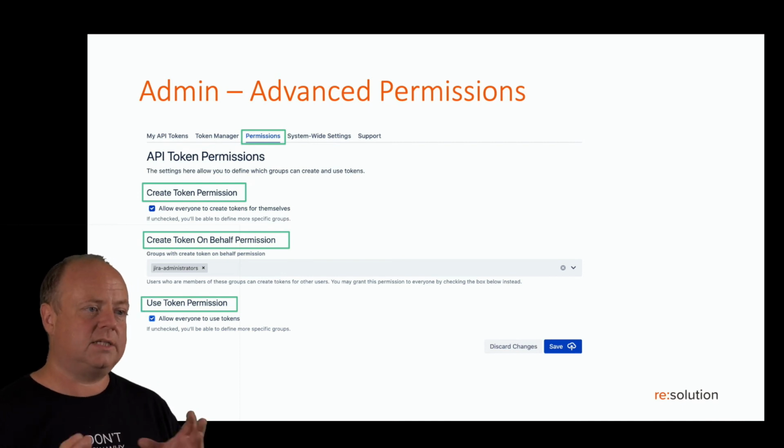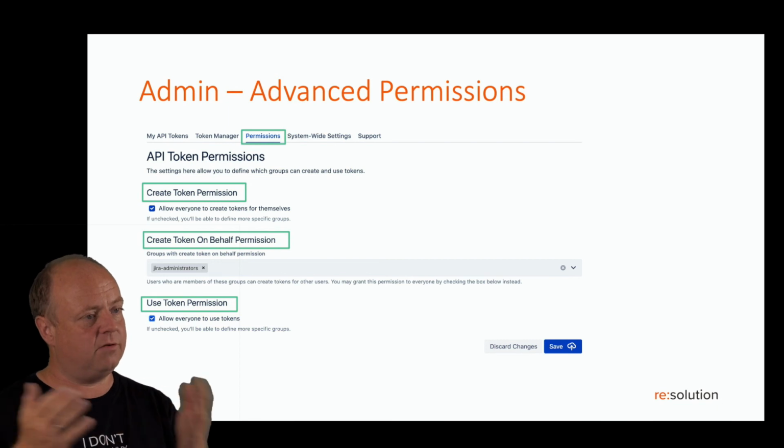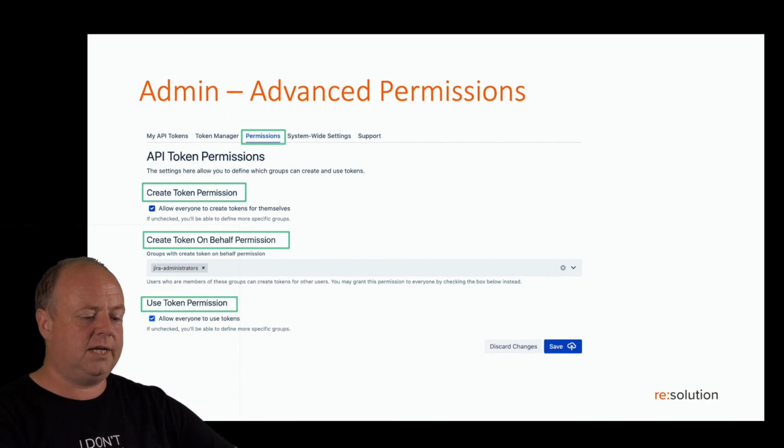That's really cool because it gives you a lot of control over who can use tokens in the first place, who can create them, etc. One of the nicest use cases I've seen was one customer really building a JSD integration for users to request tokens, then using our API to generate tokens on behalf of those users and give them the results so that they could actually use them. So they have a whole nice approval chain in it.